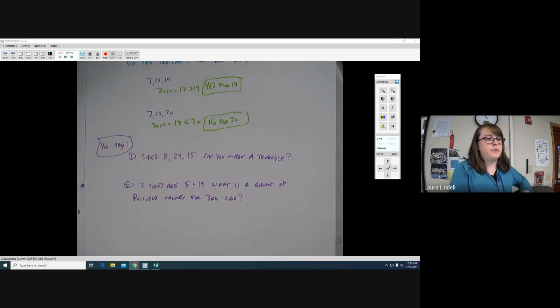Okay, so for the first one, what do we think? Could we make a triangle with those 3 sides? Any ideas? Or what numbers would I need to add together in order to check? Which 2 numbers should I add together?